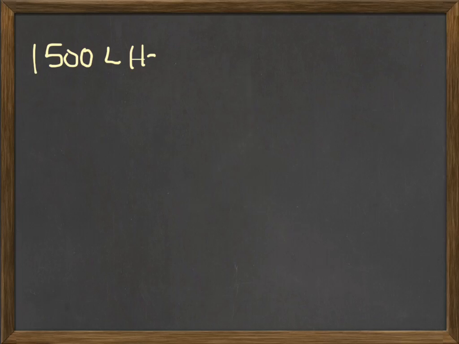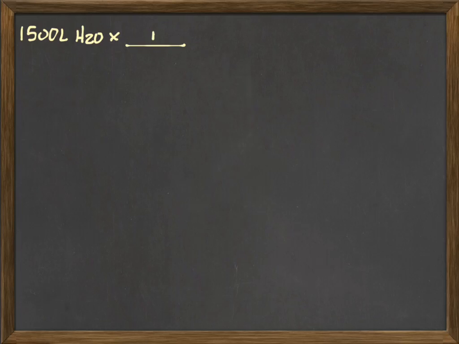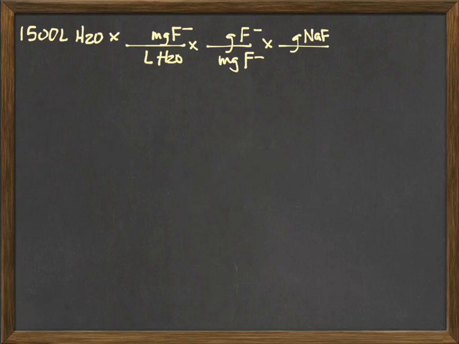1,500 liters of water, and then we were going to go to milligrams of fluoride, and then we were going to go to grams of fluoride, and then we were going to go to grams of sodium fluoride.